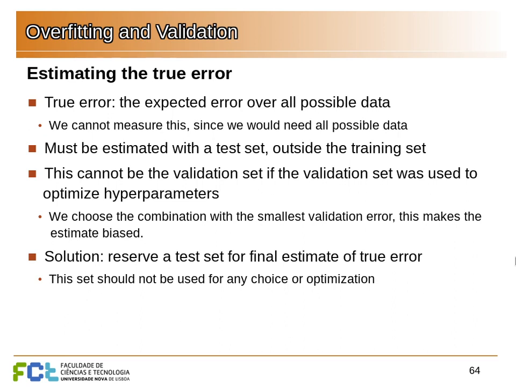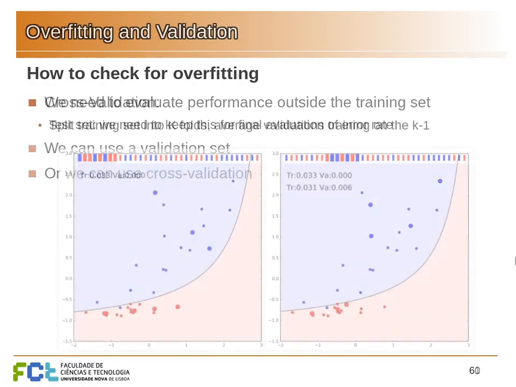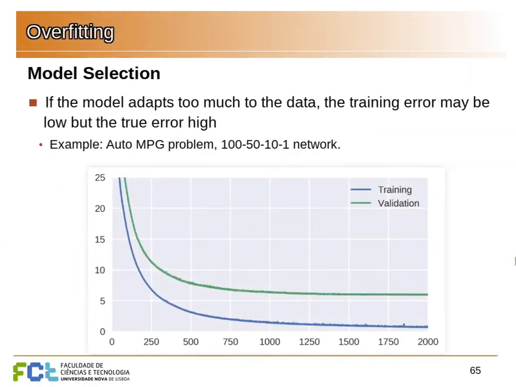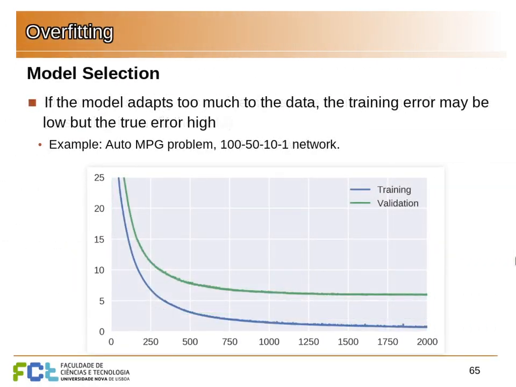I didn't follow the validation part. Okay, so validation error, we use a training set, for example. Suppose that we try to solve the regression problem that you're going to solve in the tutorial, which is to predict the miles per gallon of a car, so the consumption of a car, based on the attributes of the car, the year, the power, things like that.